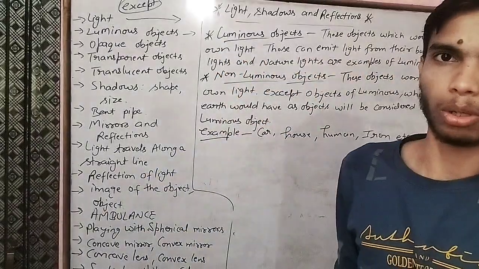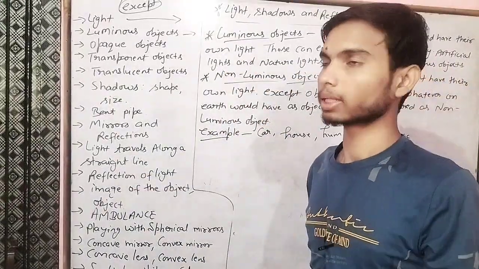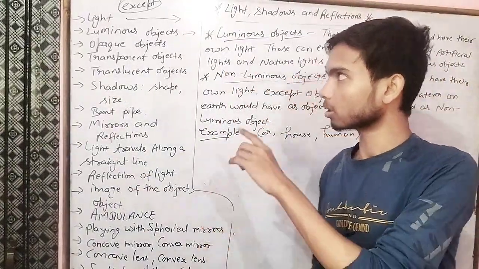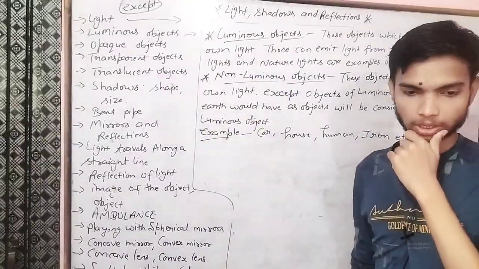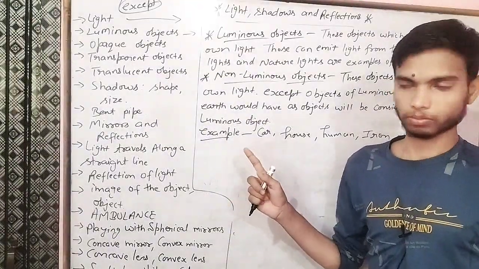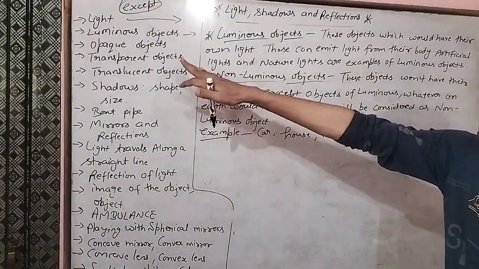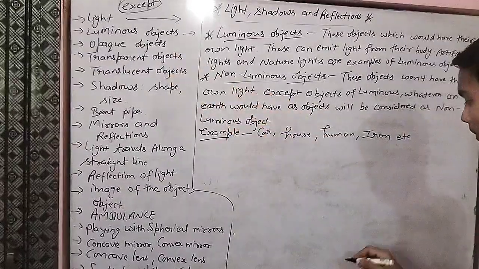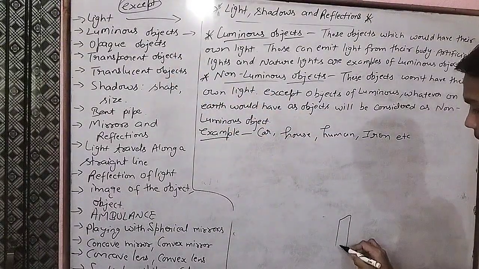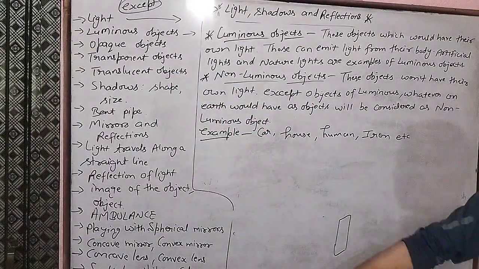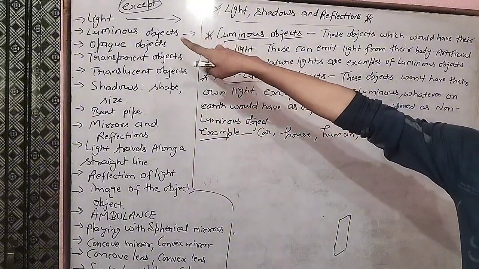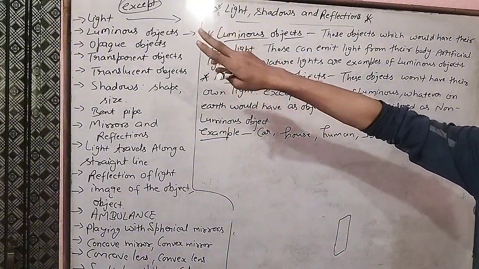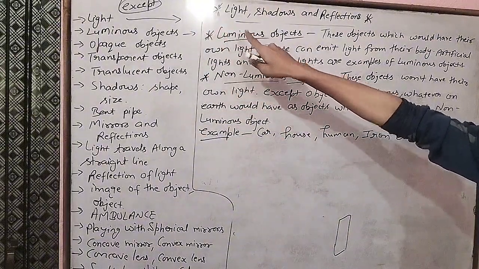First of all, we understand about opaque object. These are objects, so it is the same. This word is the same. There is an object. Clear? And as we discussed, to see the objects we should have at least two things. First, source light.